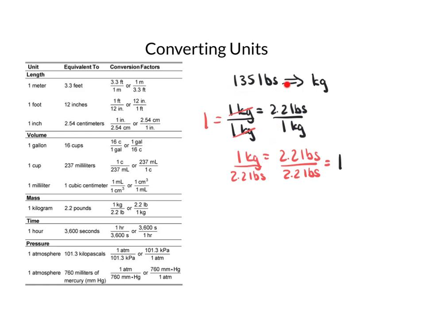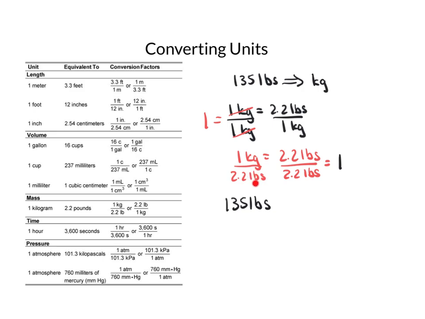And what I want to do is figure out what 135 pounds is in terms of kilograms. So the way to think about this is that if I take the thing that I'm trying to convert, so I'm trying to convert 135 pounds into kilograms, what I want to have happen is I want the pounds part of this to divide out.